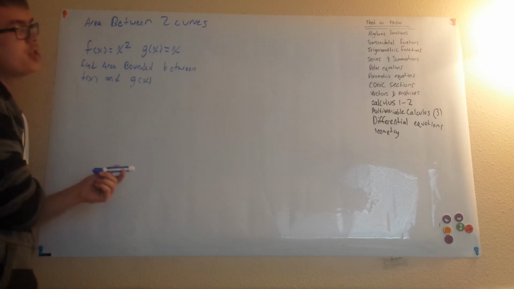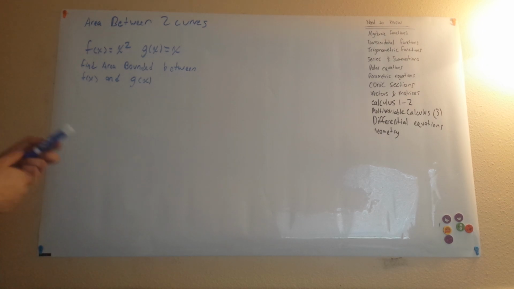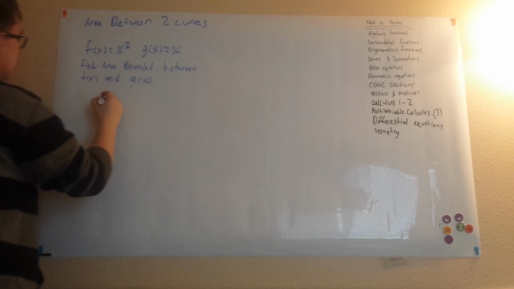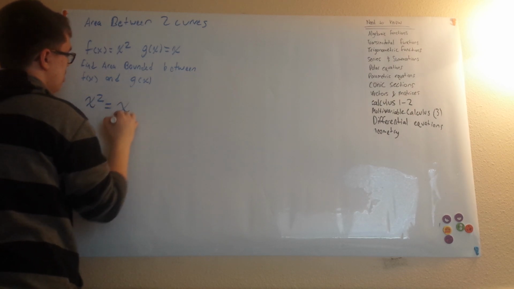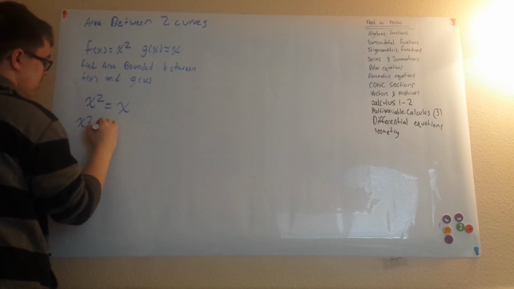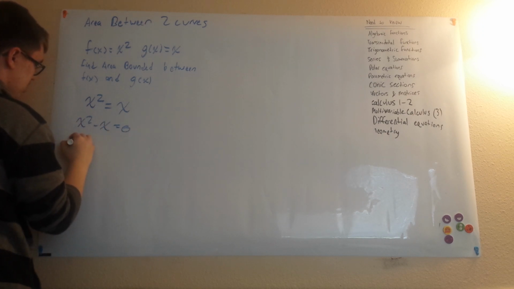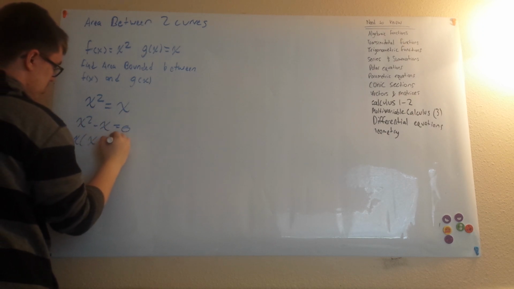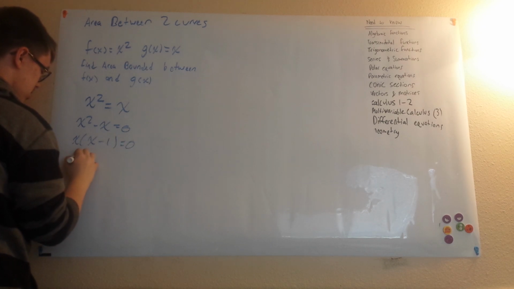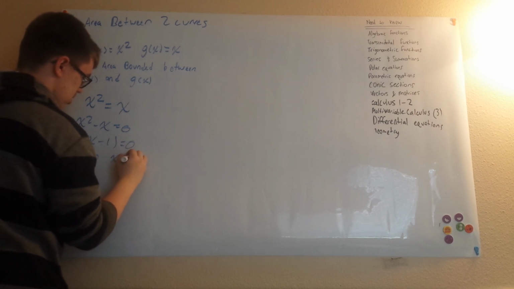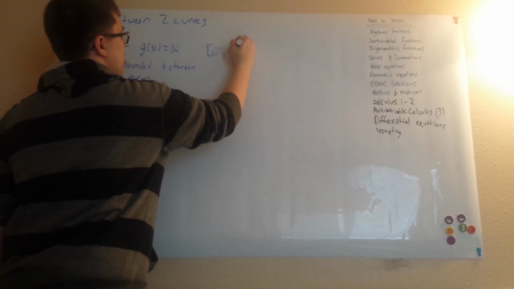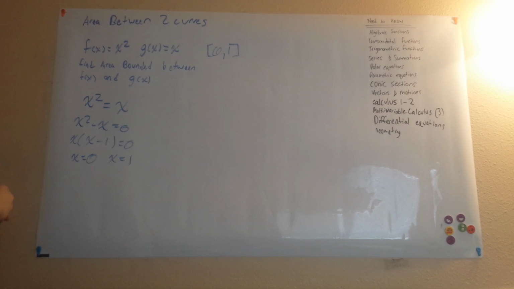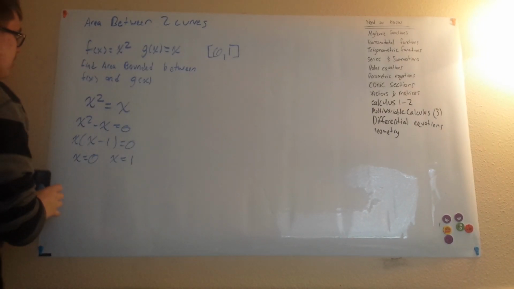Well, remember I said the functions are going to be equal to each other? So let's find when they're equal to each other. So our interval is from 0 to 1 because that's when they're bounded together.